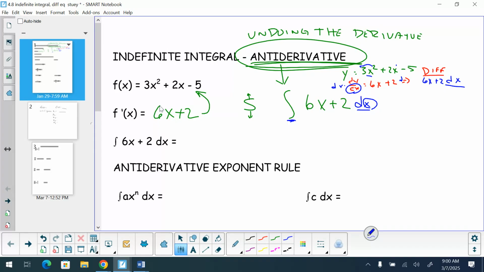Well, let's dissect once again what we did before. We had f of x is equal to 3x squared plus 2x minus 5. We now can go through this quite easily in our brain, hopefully. We are hopefully able to click 6x plus 2 out of this real quick. Now I'm going to slow your brain down again, because we have to remember the process of what we did to get to this point.